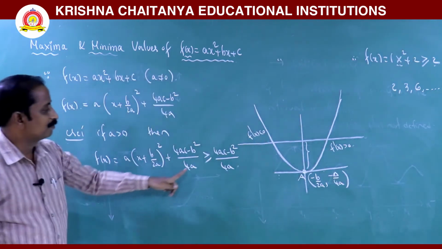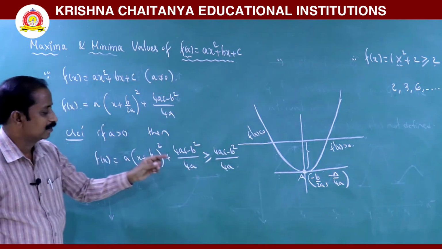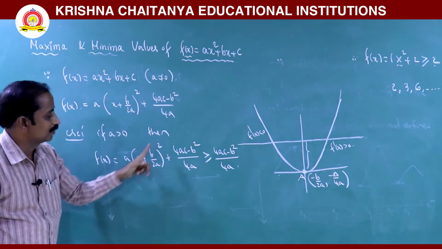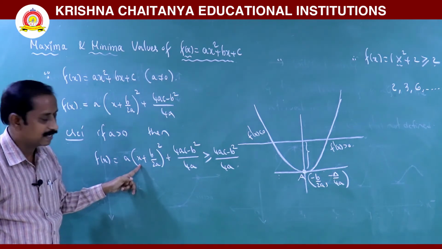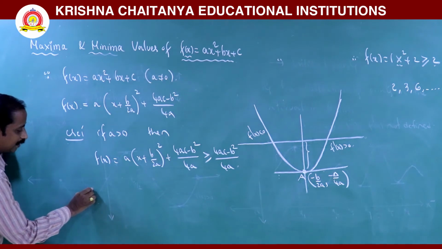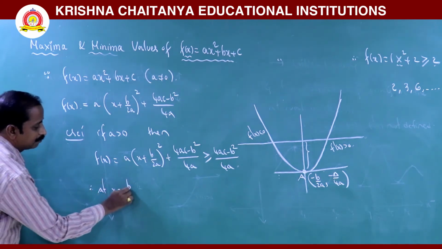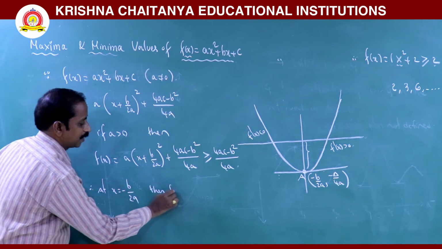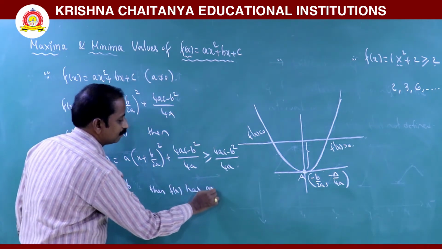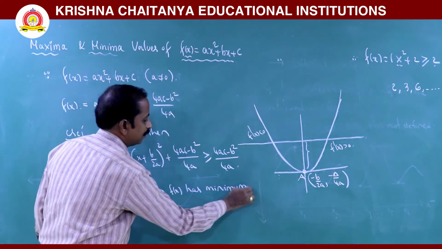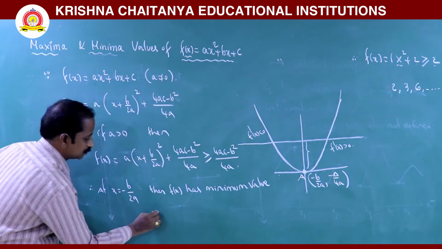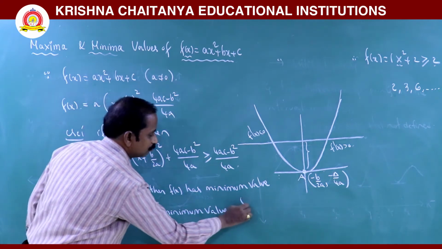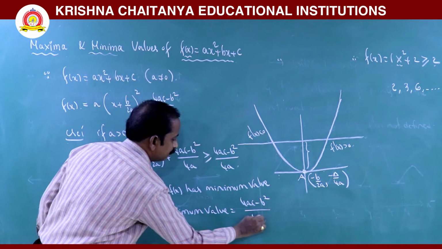Here also the minimum value is (4ac − b²)/4a, and it occurs when (x + b/2a)² is 0, which means x is equal to −b/2a. So at x equal to −b/2a, f(x) has a local minimum value, and the minimum value is (4ac − b²)/4a.